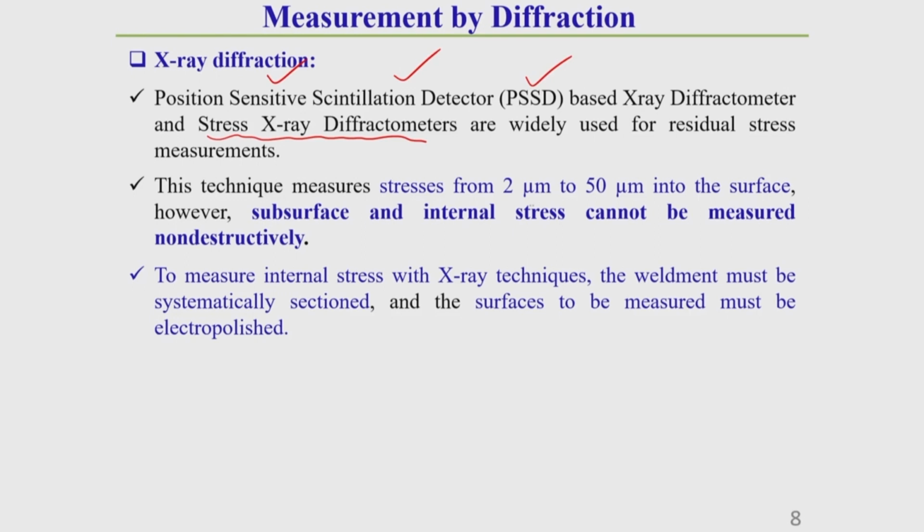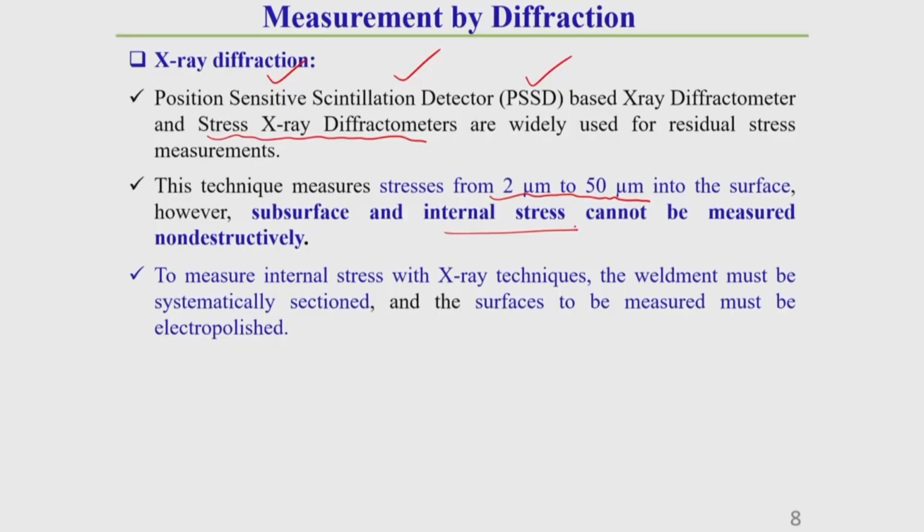What I have already told you, this X-ray residual stress measurement technique generally measures the stress within a range of 2 to 50 micrometers distance from the surface. But for interior residual stress measurement, what do we have to do? We have to cut the layer and polish it very precisely.